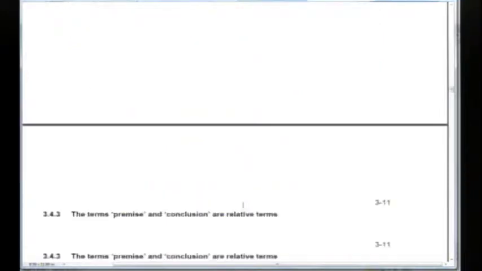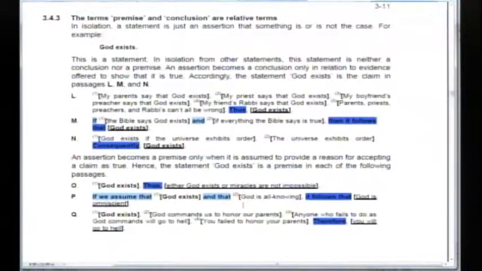The next point here, and this is a very easy one, is that no statement by itself is ever a conclusion or a premise. A statement's just a statement. But no statement is ever always the conclusion or ever always a premise either. Something becomes a premise or a conclusion only in relation to its role within a particular argument. So the conclusion of one argument can be a premise in another.